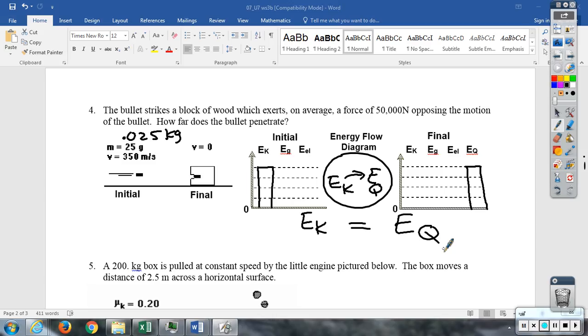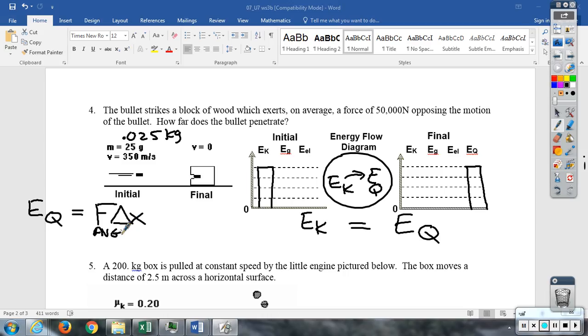Well, Eq is the energy that is robbed from the bullet from negative work that was done by a force inside the block, and you're given that force. So we can say that Eq equals the work done by that force, which is F times delta x. So on average, this is the average force.